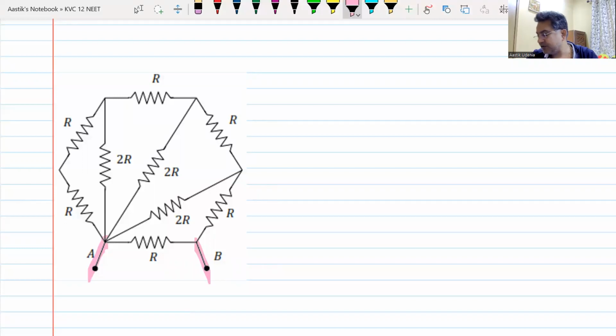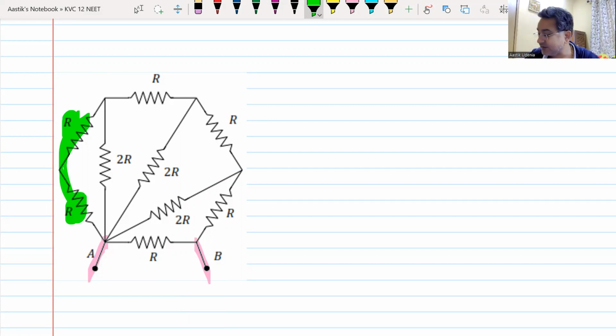So, how are you supposed to do this? Let's see. This R and this R, they are in what type of combination? I start from one end. This R and R are in what type of combination? Series or parallel? Series, sir.